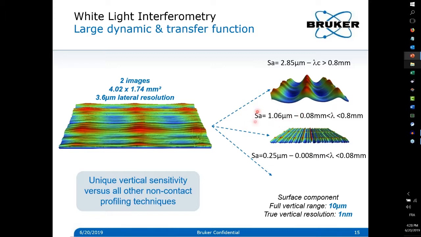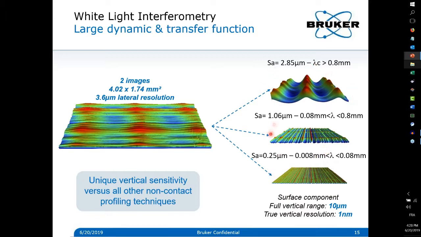In that case, you see the mean roughness goes down to 1 micron. Then you can go even further and try to sample the micro roughness, and here you see immediately the mean roughness become below 0.3 microns. And this kind of decomposition can only happen with white light interferometry, especially the third step.